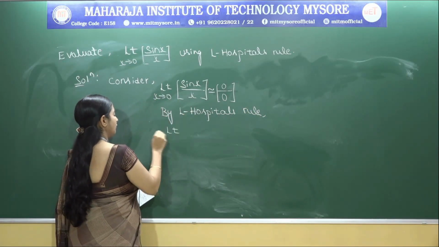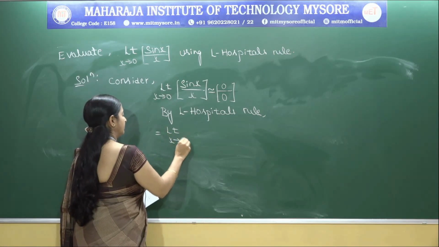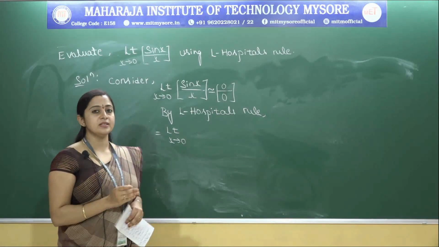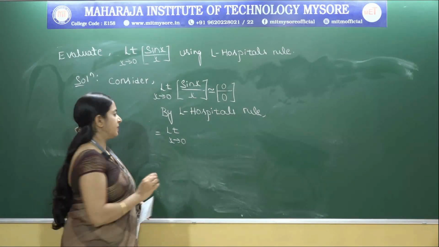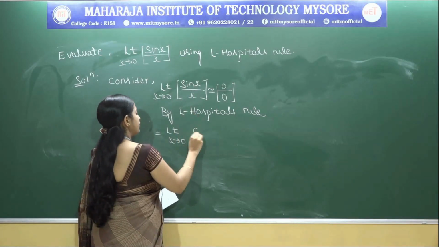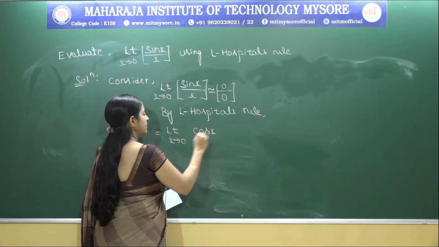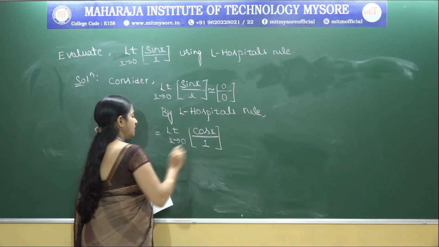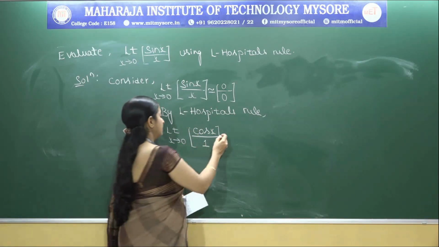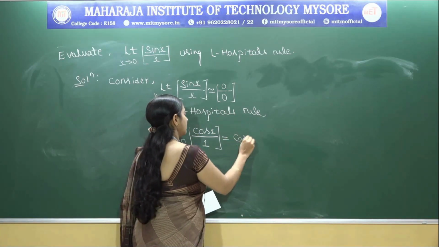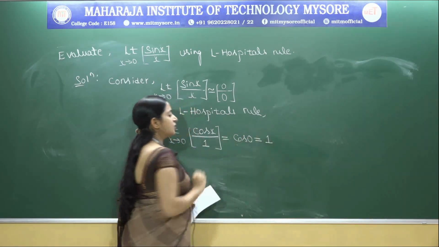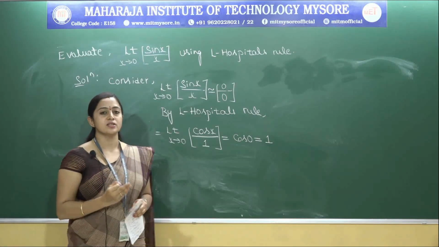The sin x differentiation is cos x, x differentiation is 1. If you apply the limit, cos 0 is the numerator, 1 is in the denominator. Since cos 0 equals 1, we will get the answer as 1.